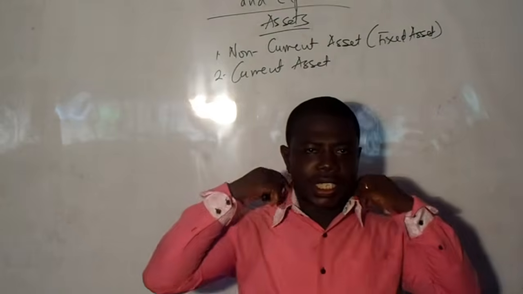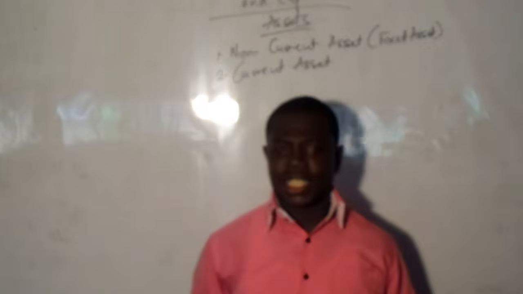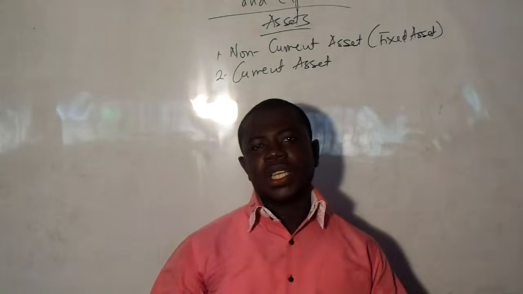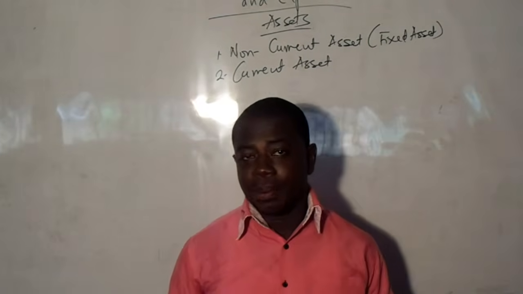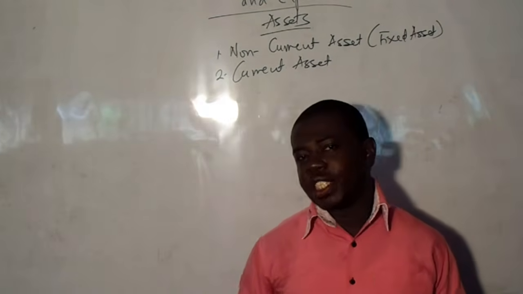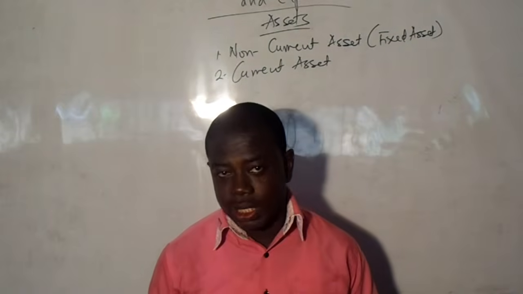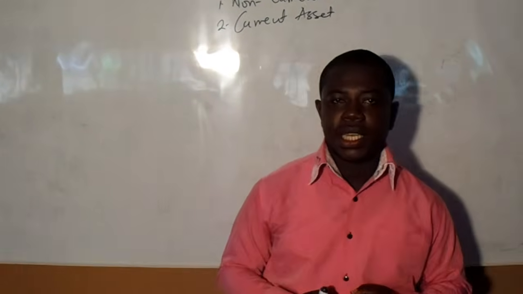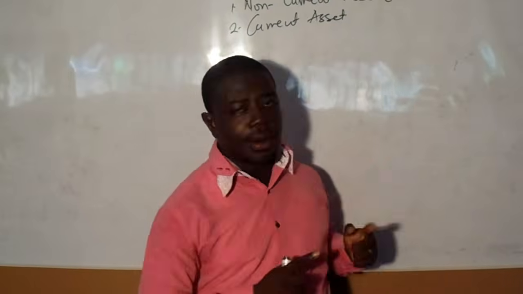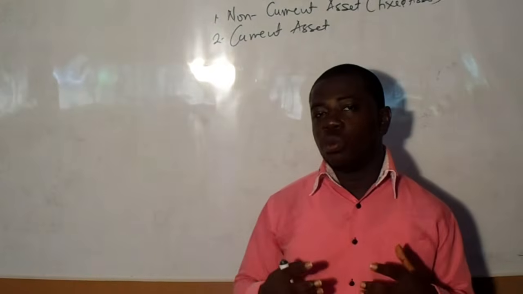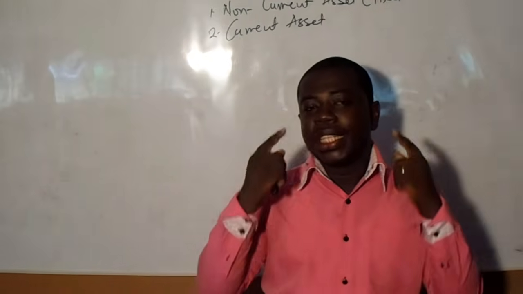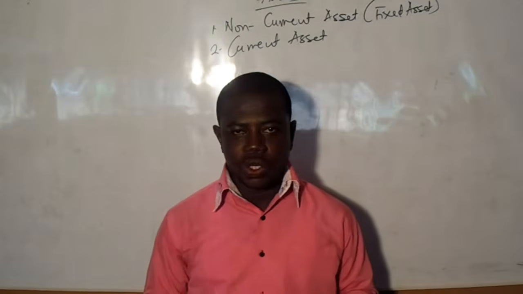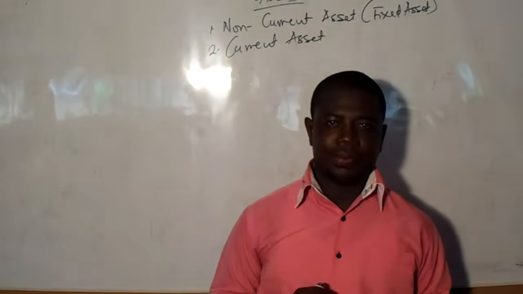What is a non-current asset? A non-current asset is an asset that is purchased to be used permanently by a business, and the benefits of which go beyond one accounting year. It is procured with the intention of permanent use and not for resale.